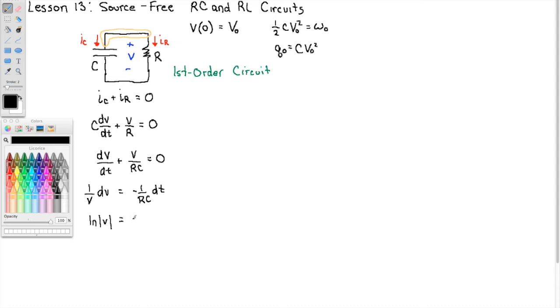And so its integral is just t times that, and then plus the constant of integration. And for reasons you'll see in a second, I'm going to write that constant as the natural log of another constant. Right? So, but this is still a constant.